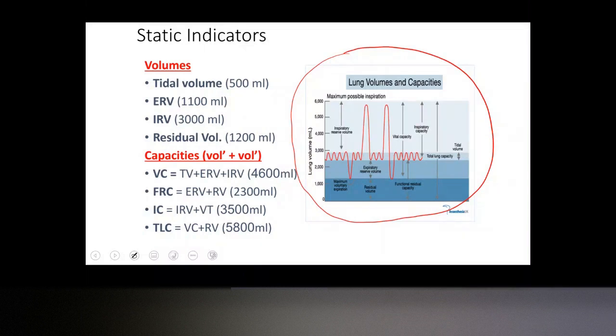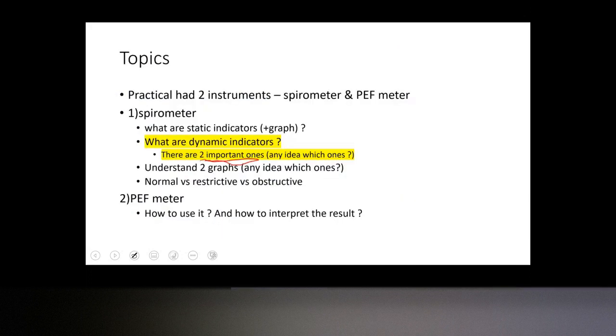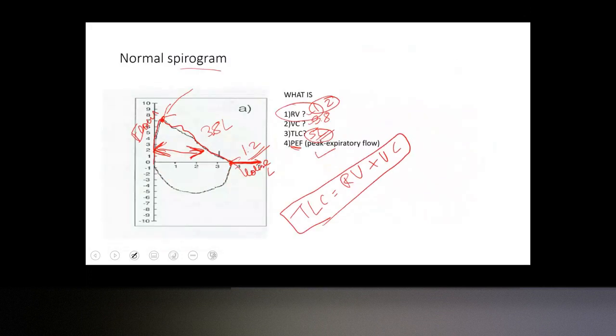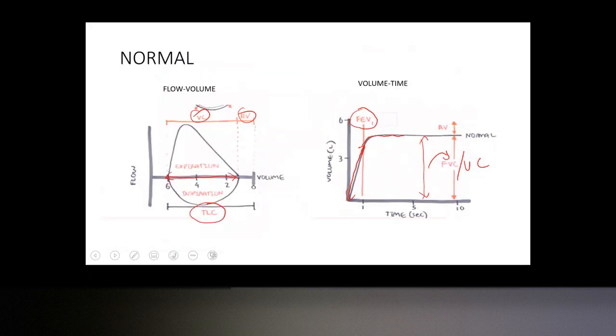Exactly. So the other one we use to find dynamic. However, no one knows the total lung capacity. It's not easy to do. Exactly. So in order for us to understand it, we have to connect these two, flow volume to the static values. I know it's confusing because I was confused for the past 2 days, wondering why it's connected.